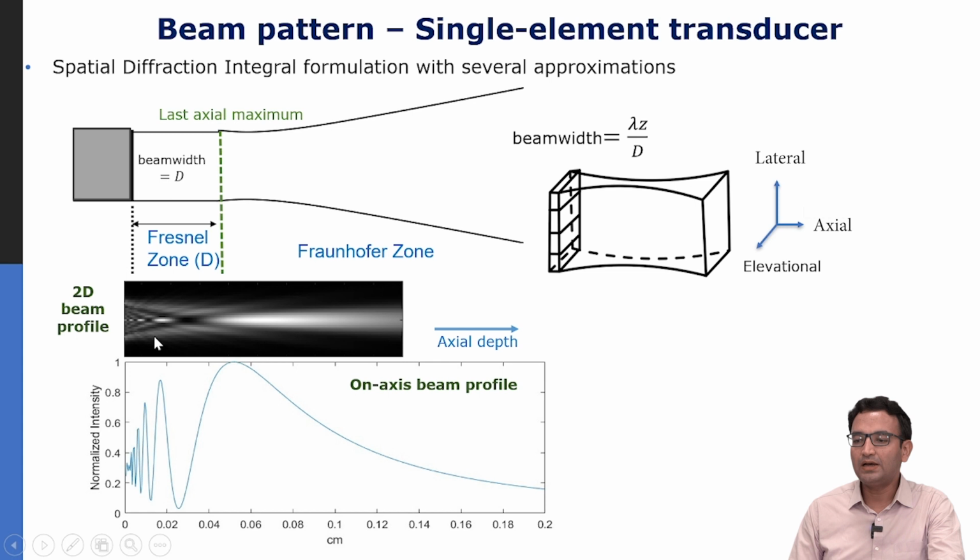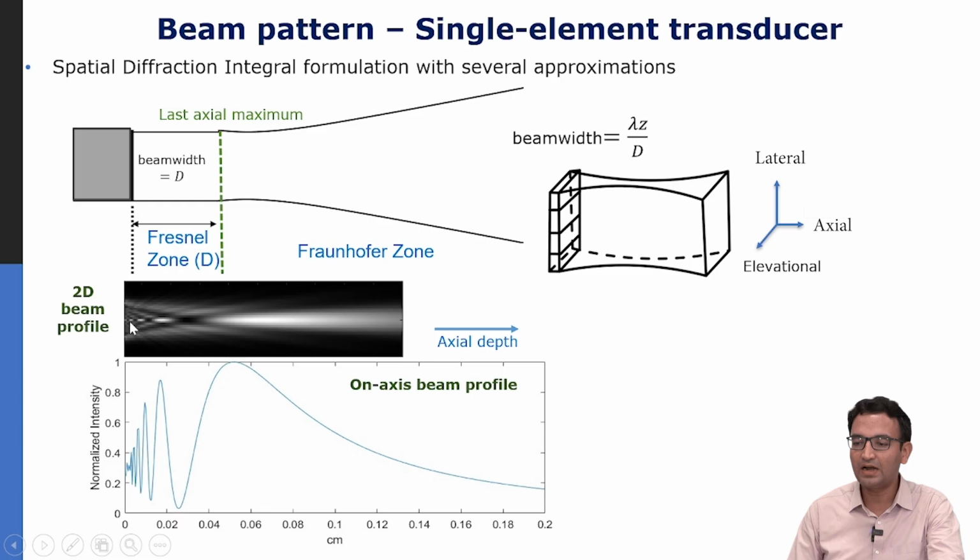Now, here is a simulation of an ultrasound beam. So you can see there are a lot of variations in the near field and not so much in the far field, but the beam starts diverging in the far field. But again, as an approximation, this two regime model is pretty reasonable, where we consider a Fresnel zone and a Fraunhofer zone.